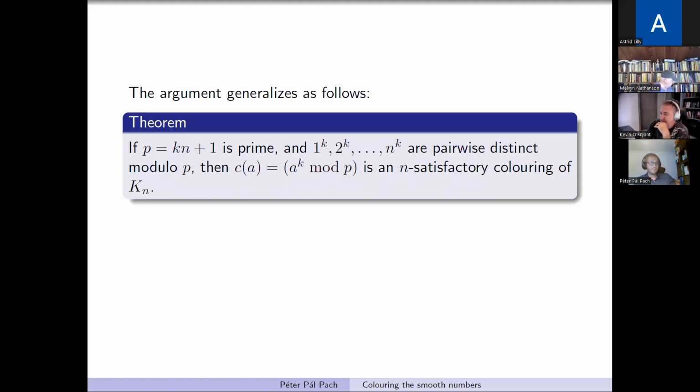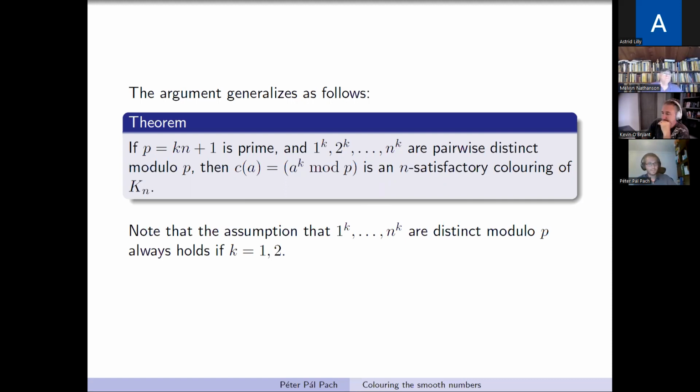So the number of non-zero k-th powers mod p is exactly n, and we want these to be represented as the residues of the first n k-th powers. If k is 1 or 2, then this holds in all of the cases. So this is satisfied automatically.